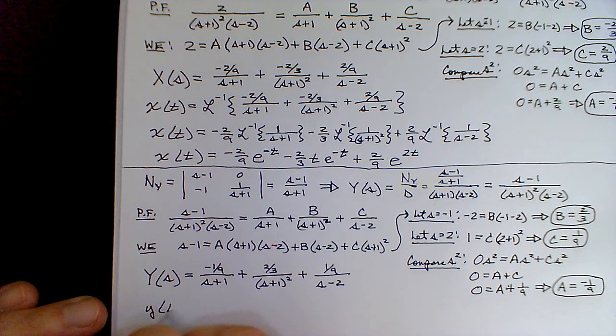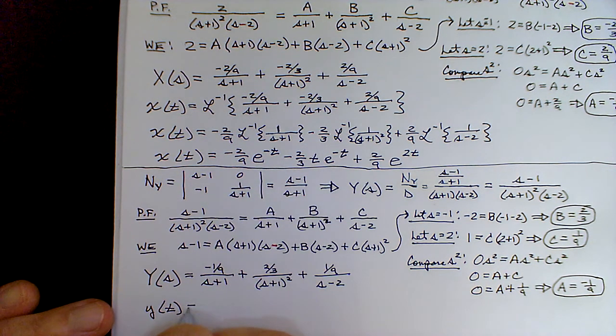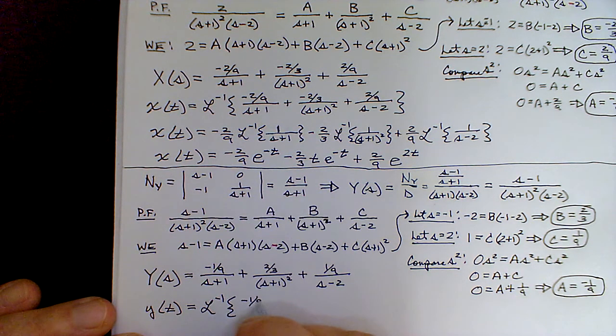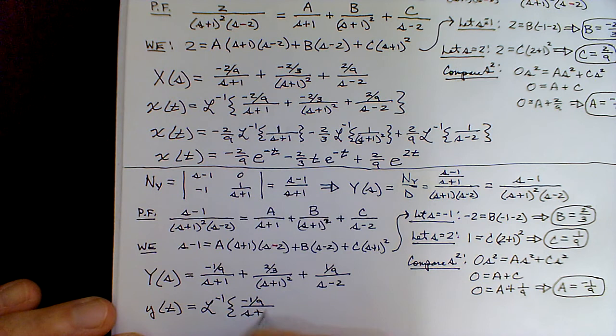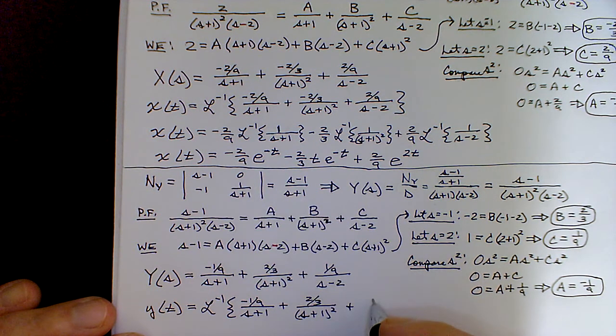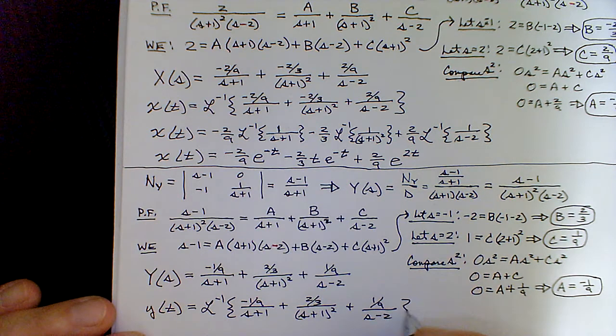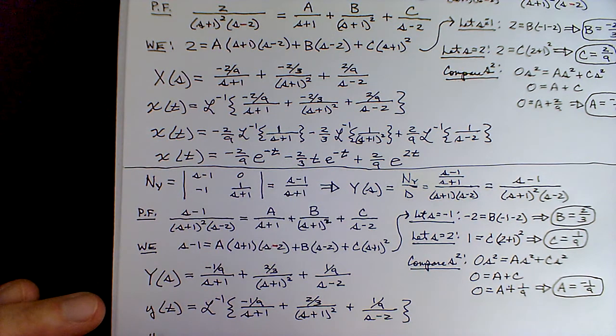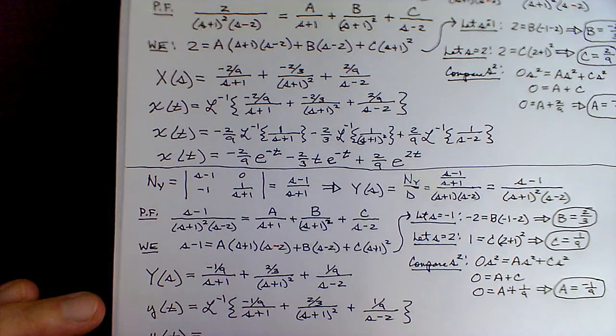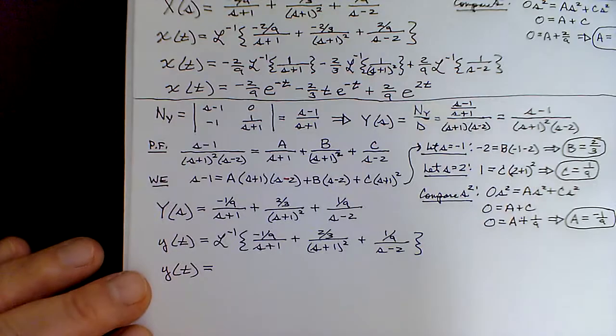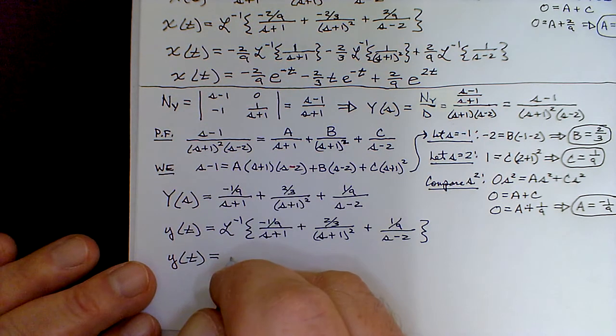And so y of t then is going to be the inverse Laplace of this. And here again is where you can skip this step and jump right to using the linearity property. But showing it more explicitly, then we have y of t is, okay, factor out the coefficients.